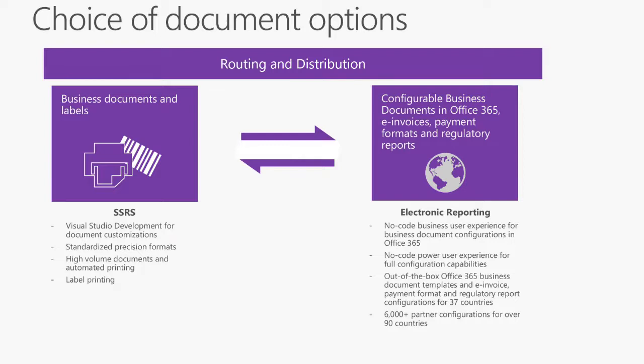Configurable business documents and electronic reporting offer a no code business user experience based on Office UX, and support all these templates out of the box for all 37 countries which we support in finance and supply chain management. But both options are viable, and you just need to analyze your requirements and see which works better for you. Both are fully supported.